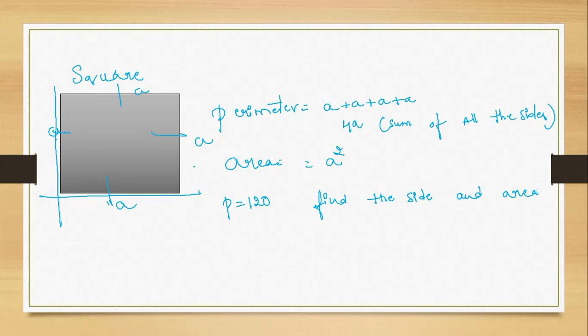Here the given perimeter is 120. We know the formula P is equal to 4 into a. Perimeter 120 is equal to 4a. 120 by 4 is equal to a.